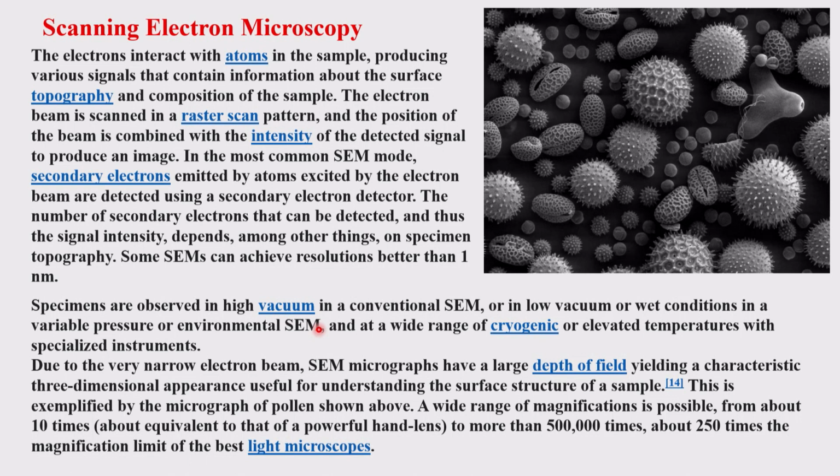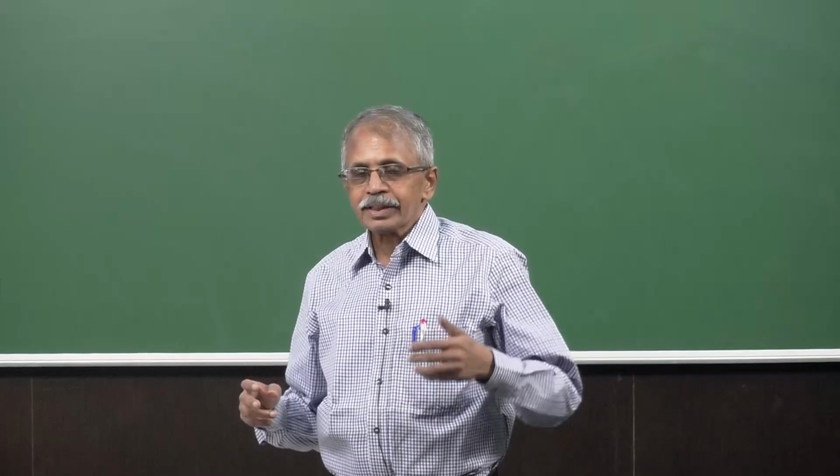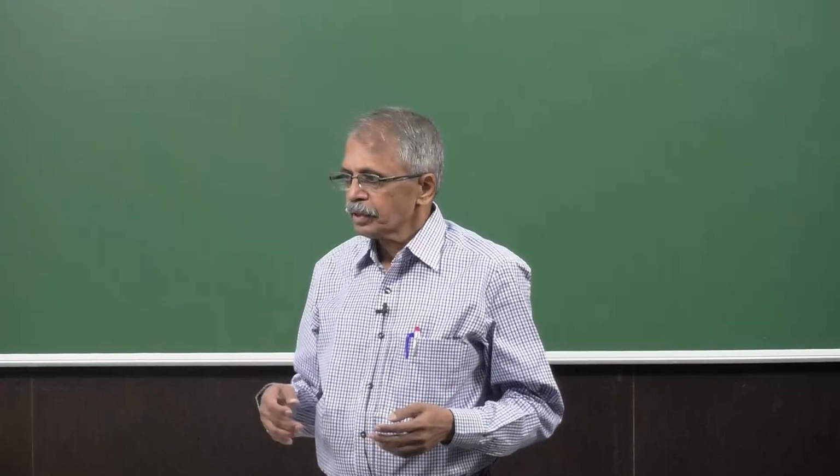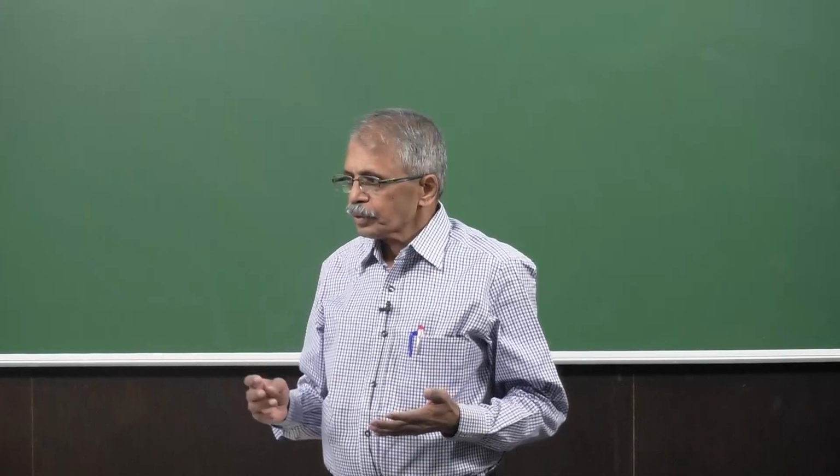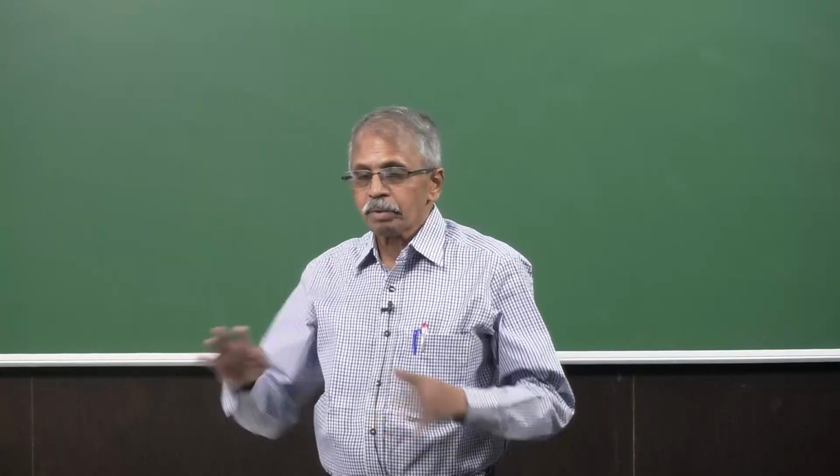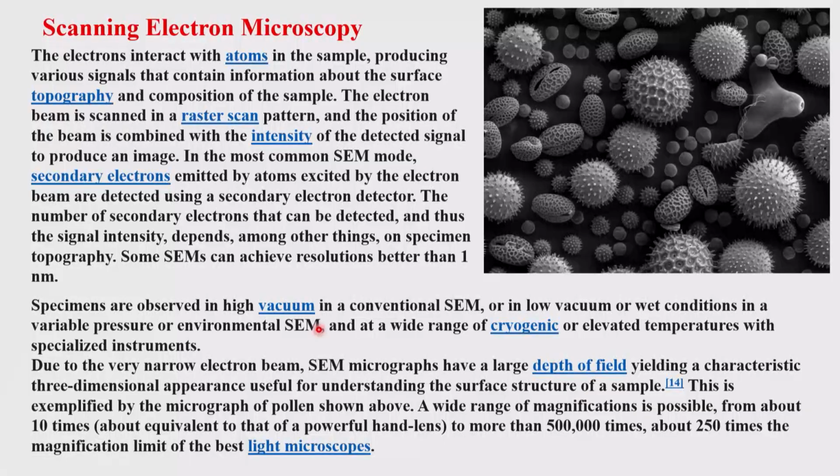Now there are SEM instruments developed with much lower vacuum, called environmental SEMs. You can use somewhat lower vacuum with some pressure conditions, other kinds of environmental conditions, and you can maintain temperature conditions like cryogenic. Just like cryo-TEM, you have cryo-SEM and environmental SEM. Of course the resolution is somewhat less, but you get a broad range picture of the images.